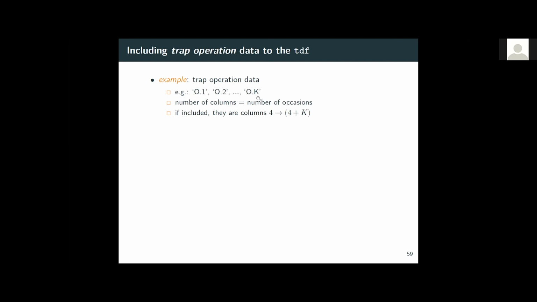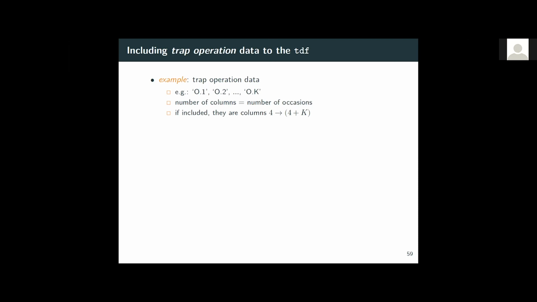The number of columns is associated with the number of occasions. This trap operation data doesn't have to be included. If in my Salamander study none of the boards ever got taken away, or none of the boards were rendered useless at any point, I never had to provide this trap operation matrix.